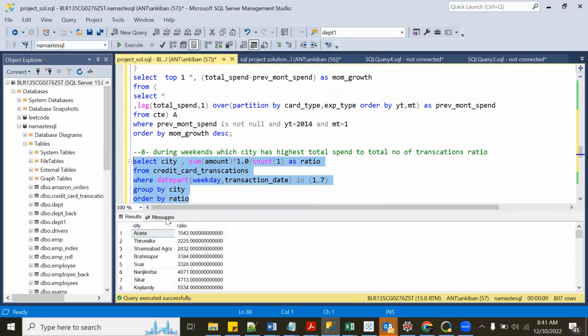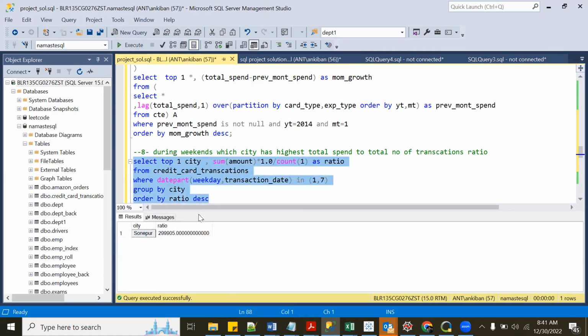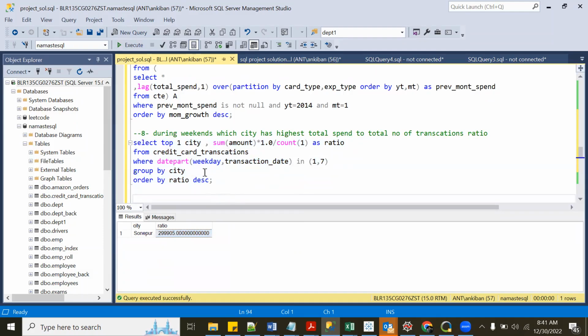Okay, so this city, Aradia, had the highest one. Oh, we have to use descending, sir. Order by ratio descending. My bad. We need the highest, so I'm doing descending. So this Sonpur has the highest one. This is straightforward. It was just to check your date part thing.